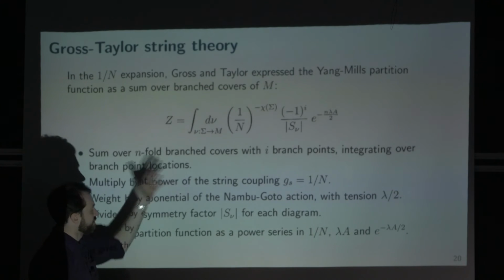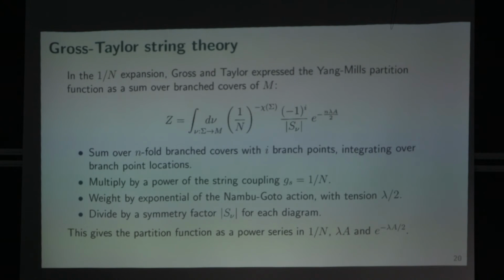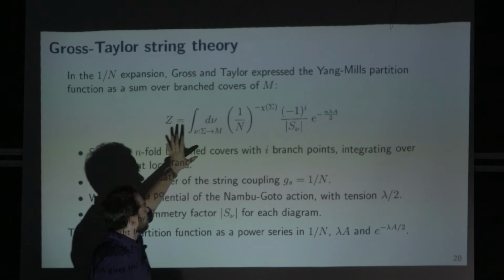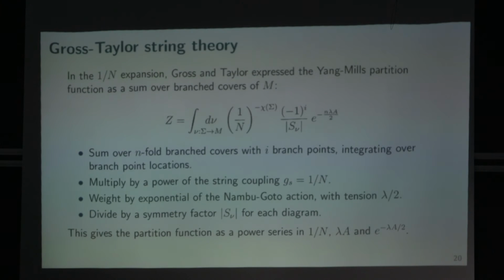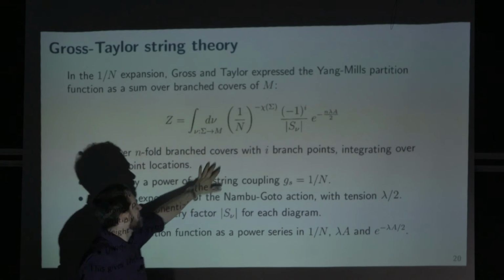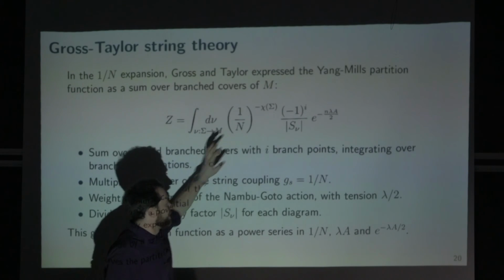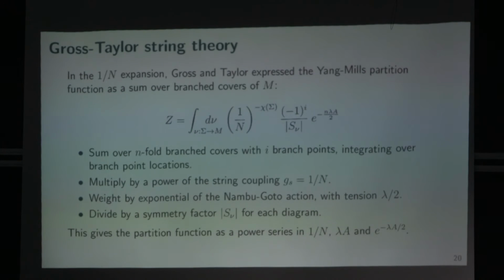So you sum over the different possible numbers of branch points, and you integrate over the locations of these branch points. The weight in the path integral has a factor of 1 over N to the minus the Euler characteristic of the world sheet, which is characteristic of string theory. Basically, you have the genus expansion with a string coupling given by 1 over N.